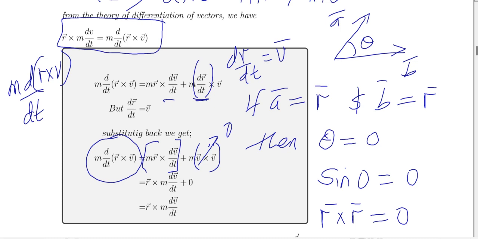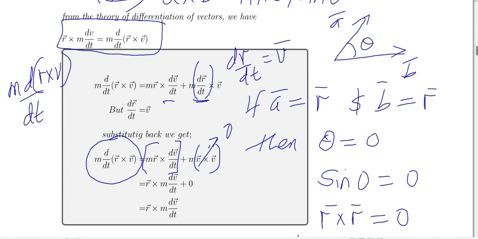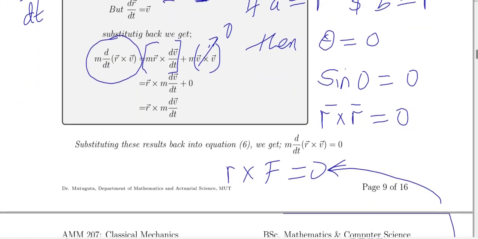But we had seen from this equation, which we call equation 6, that r cross m dv/dt is equal to 0. So now we want to replace r cross m dv/dt with m d/dt of r cross v, so that we get that quantity is 0.